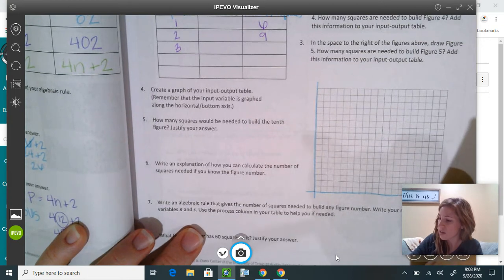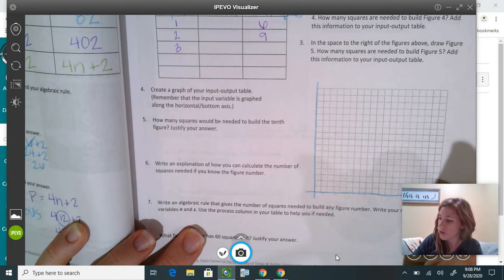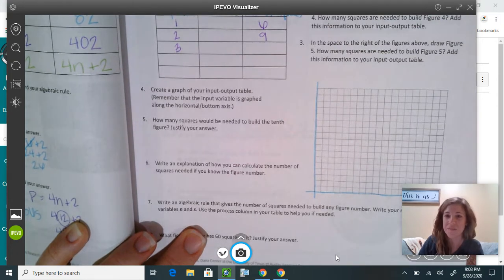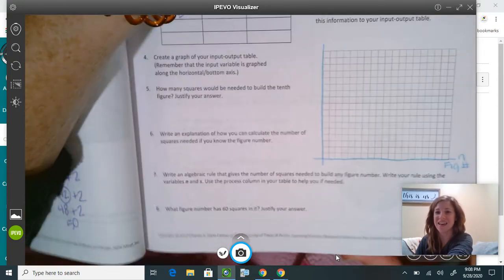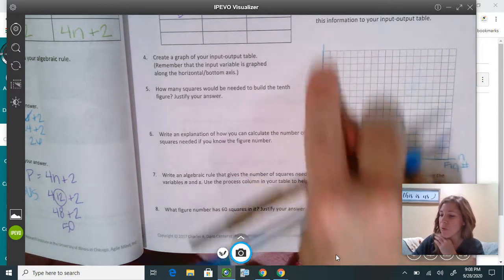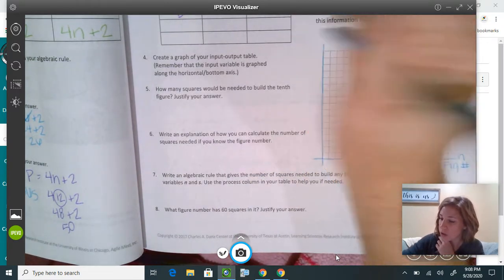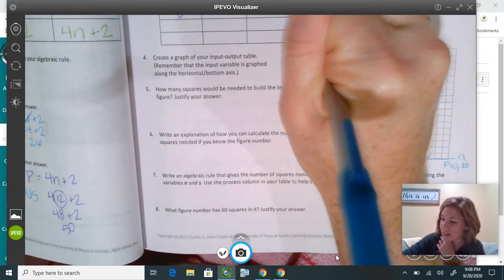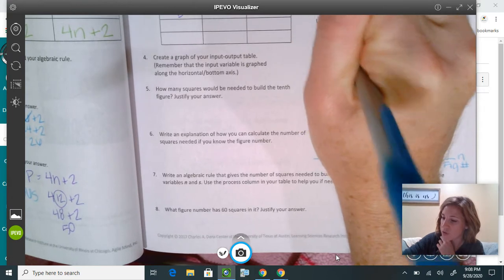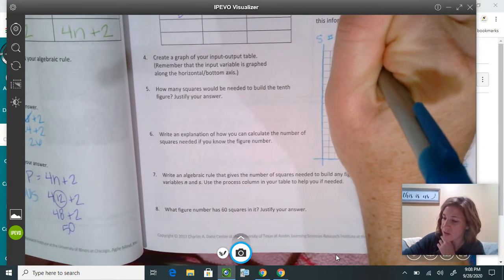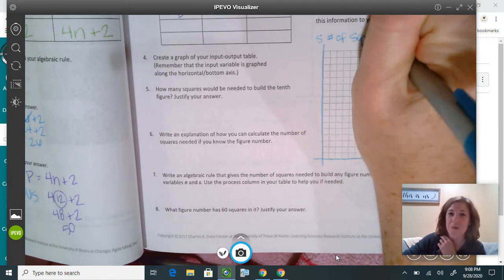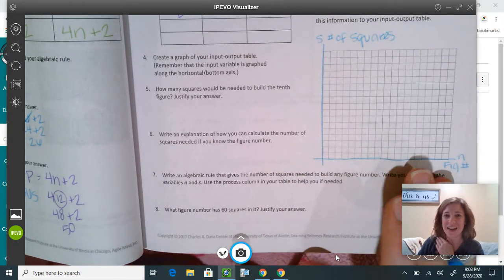Remember, our X values, or in this case, our N values, our input column, figure number goes across the bottom. I'm in the way a little bit. And our Y values, our output, which in this case is actually S, the number of squares, goes up the side. Remember when you label to space it out.